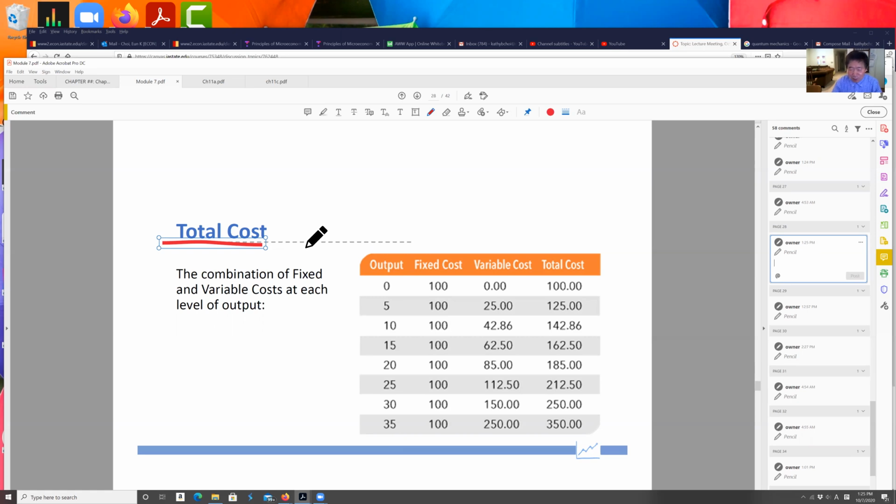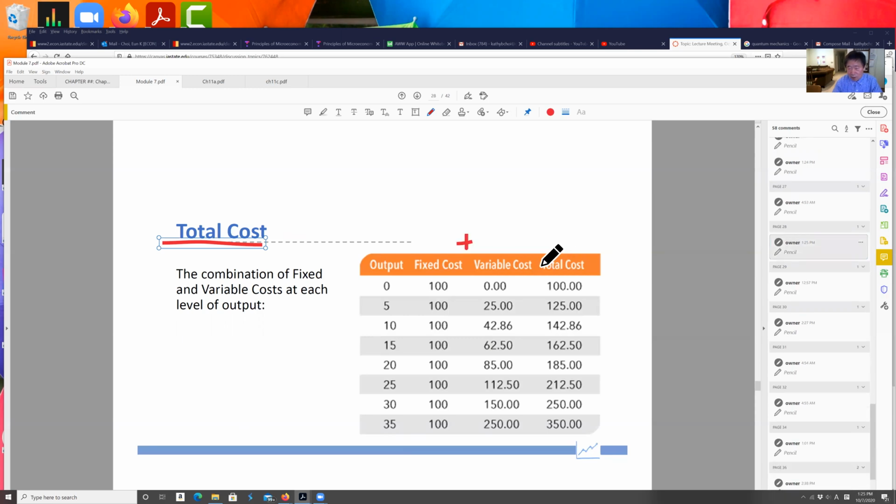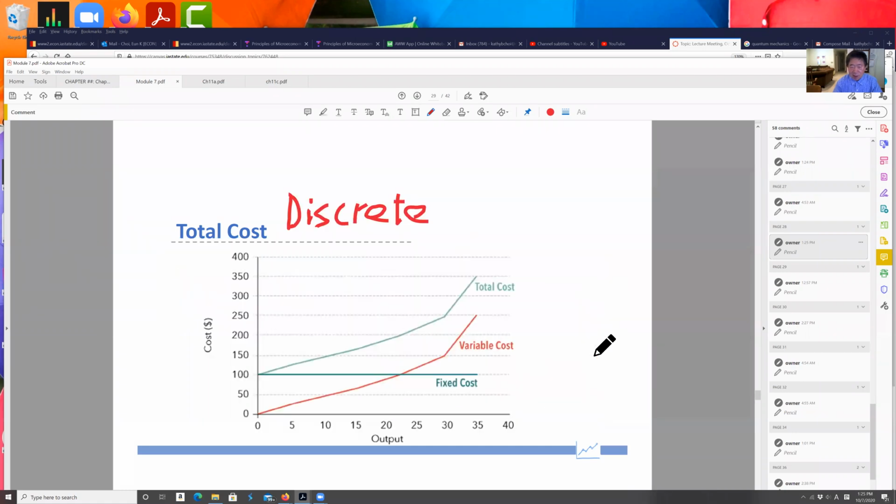There is nothing you can do about it. Okay, so combining these two, fixed costs and variable costs, you get total cost. Okay, it always goes up as output increases.